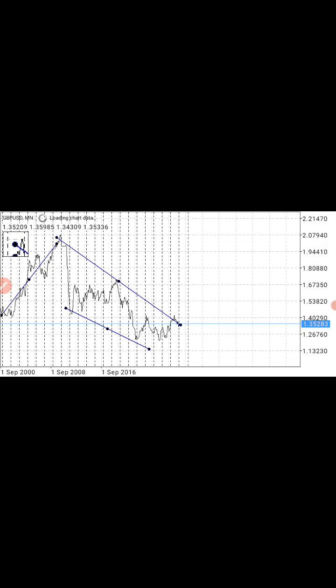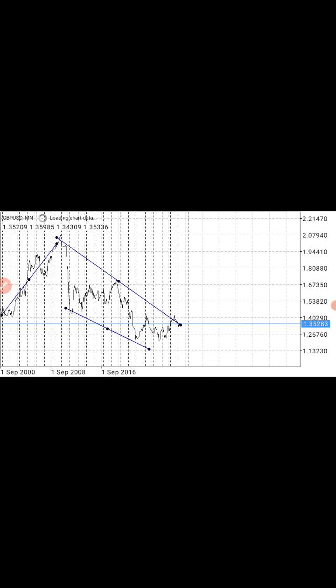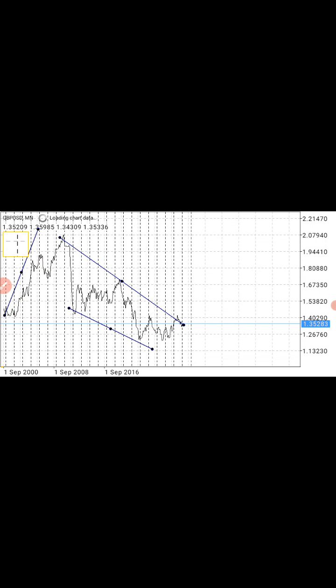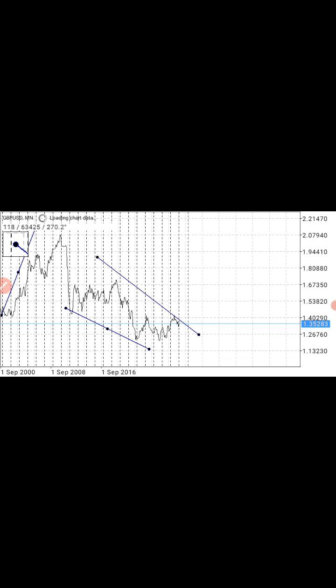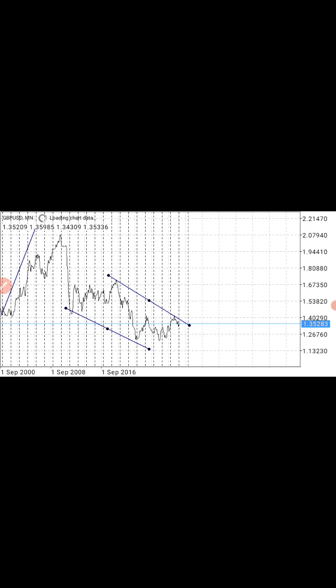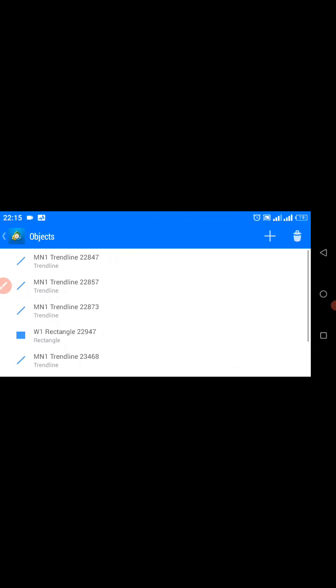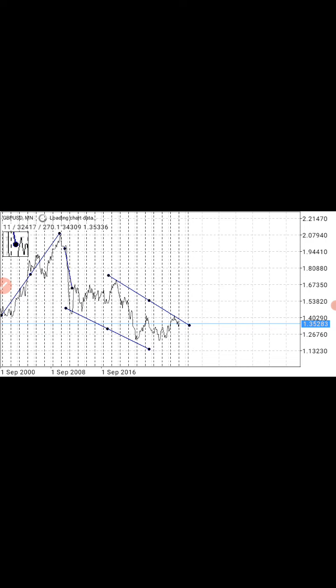I can't really say this is an impulsive movement. Impulsive movement and another impulsive movement until we have our corrective movement here.